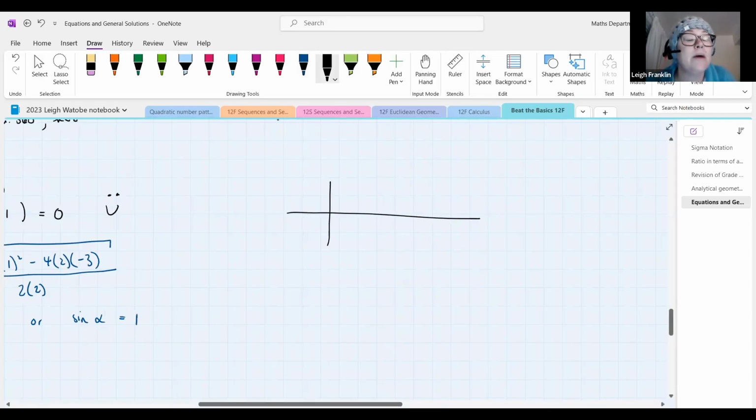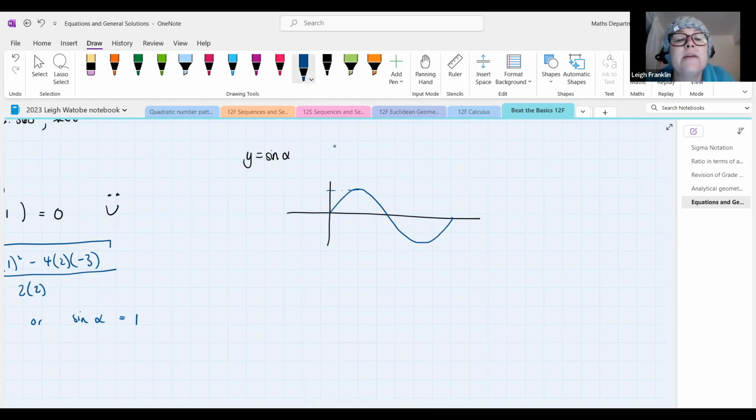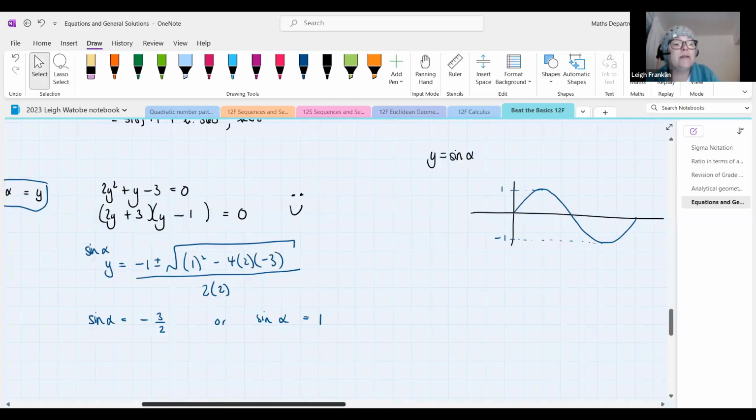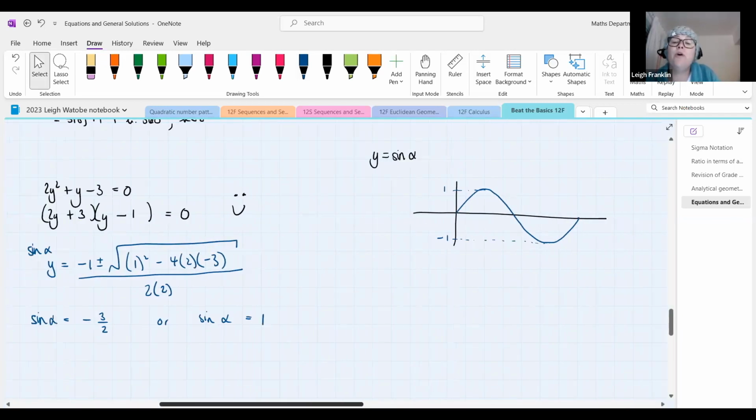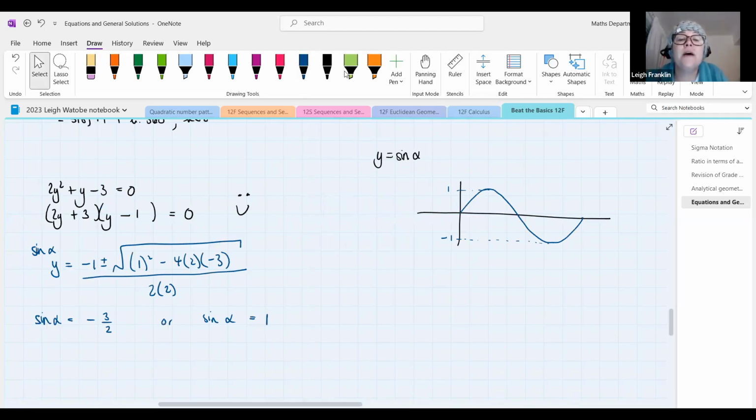If we are talking about sine alpha, or y equals sine alpha, which is what we've got in this case, our graph has a maximum of 1 and a minimum of -1. So that is why sine alpha cannot be equal to -3/2, because that's -1.5. That's why there's a math error. This is why I want you to understand the graph so much. Okay, Lebogang?